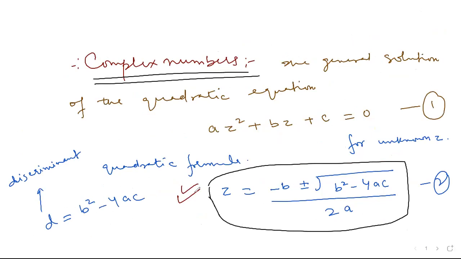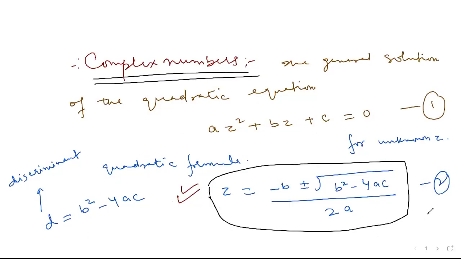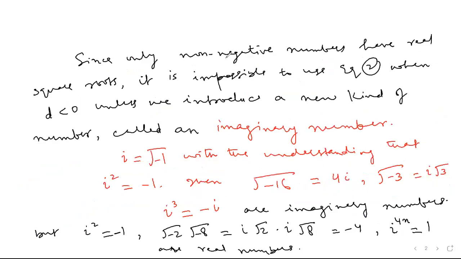Then we said if its discriminant, the thing in the square root, b square minus 4ac, is negative, then we need to introduce a new kind of number called imaginary number, so that this equation 2 can give us solutions to equation 1, because only non-negative numbers have real square roots.